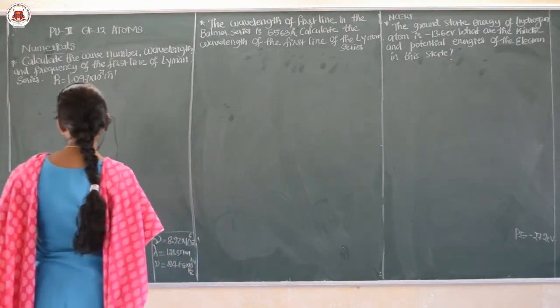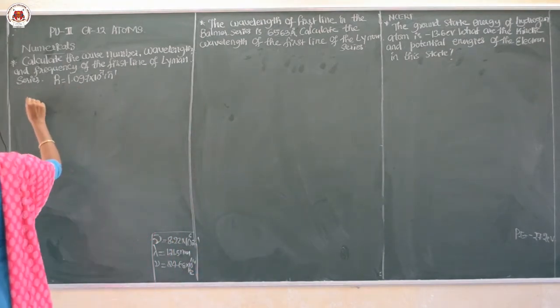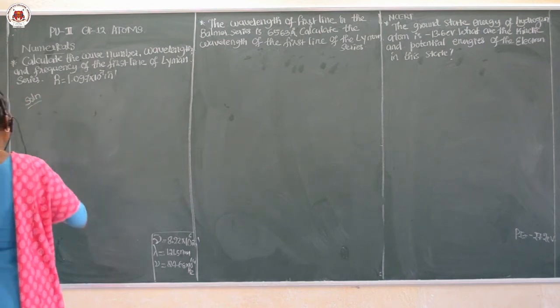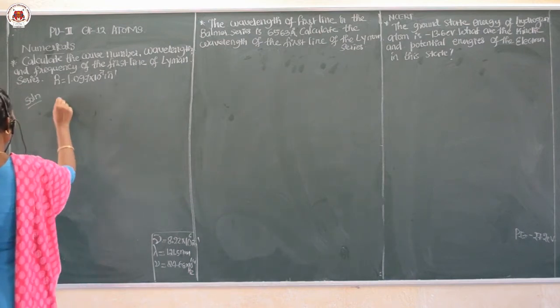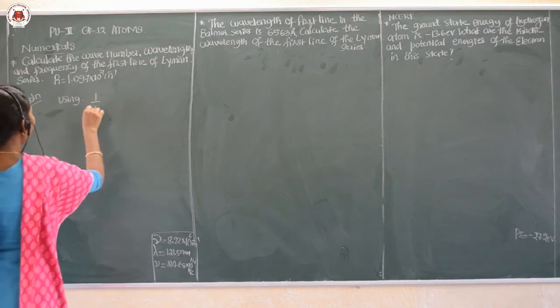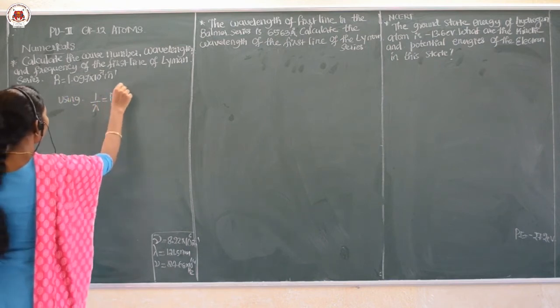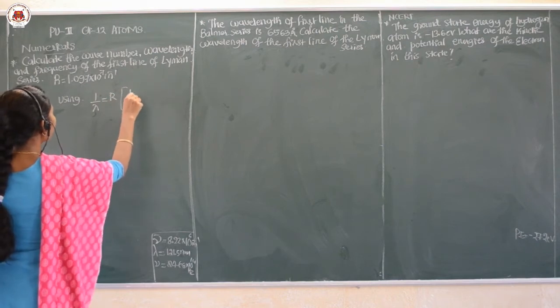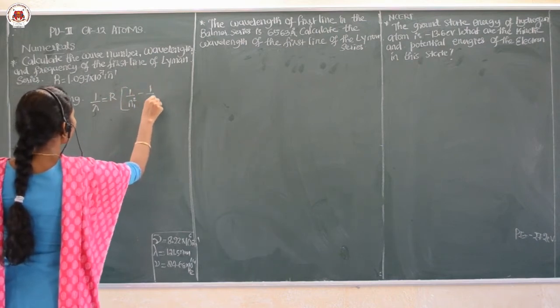Yes. And see, dear student, the same formula we used already, we are using again here, that is 1 by lambda is equal to R into 1 upon n1 square minus 1 upon n2 square.